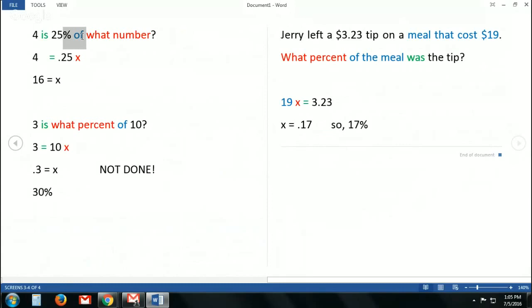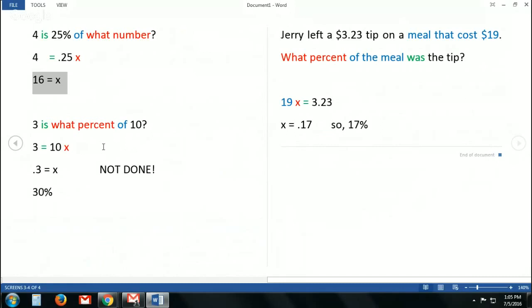Of means we're going to multiply, and we're multiplying 25% times what? Our what gives me the X. Now, let's take this equation and solve, dividing both sides by 0.25. Type into your calculator 4 divided by 0.25 and press equals, and we find that 4 is 25% of 16. So 16 is our answer.